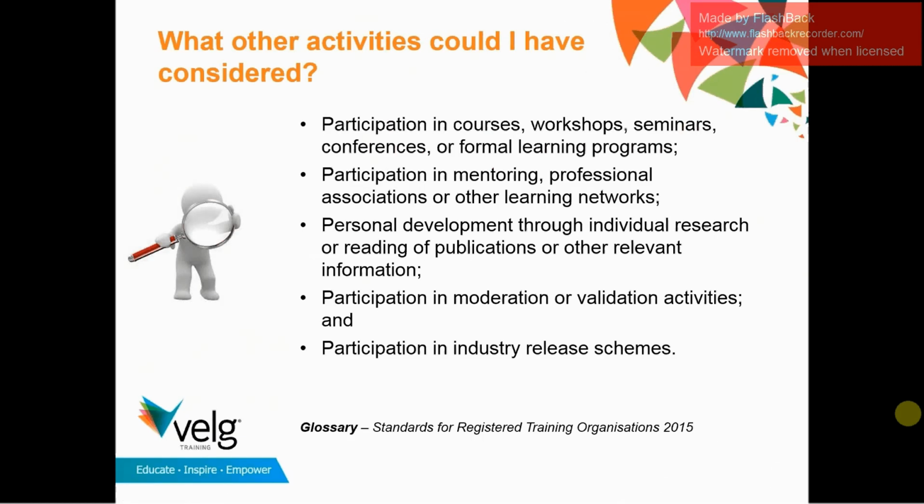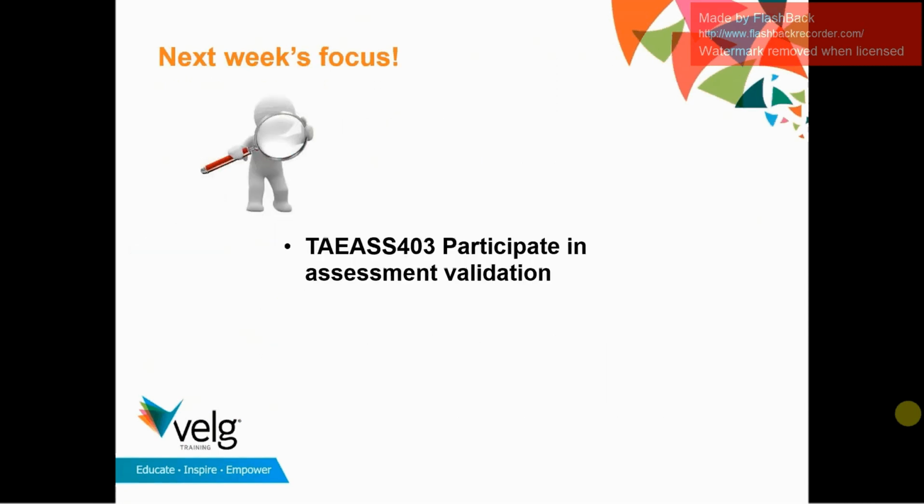Other activities that we could consider would have been the activities that are on your screen now. So we did have a whole set of things that we could also use to actually support our currency. And when we come together next week, we're going to go on to probably one of the best controlling aspects of this, which is the assessment validation.